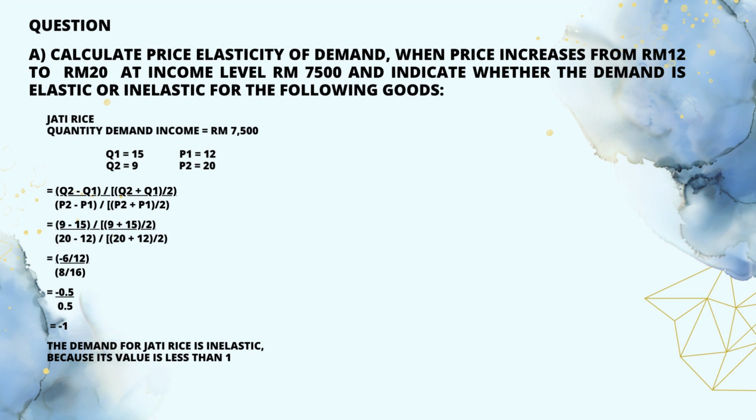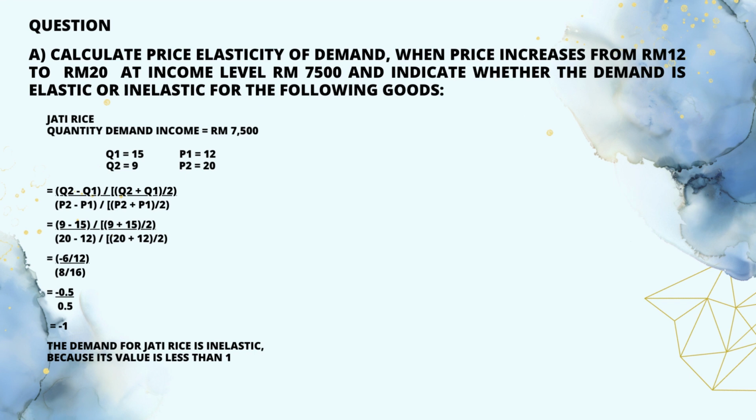I use the formula price elasticity of demand, which is percentage change in quantity demand per percentage change in price. In brackets, Q2 minus Q1 over, in brackets, Q2 plus Q1 over 2, per, in brackets, P2 minus P1 over, in brackets, P2 plus P1 over 2.